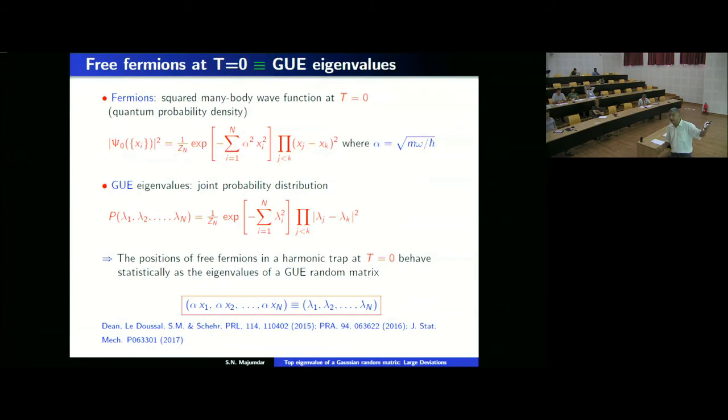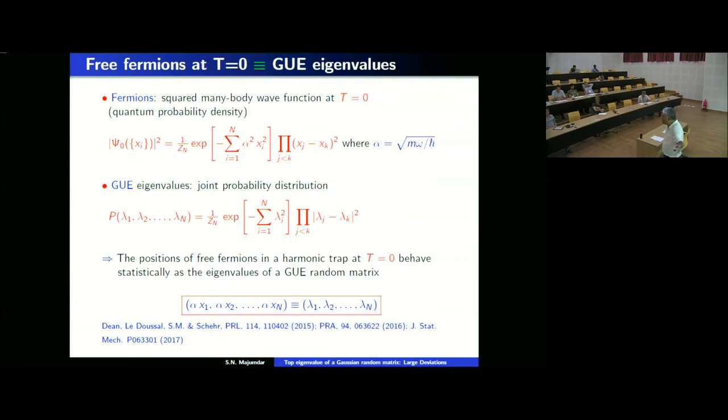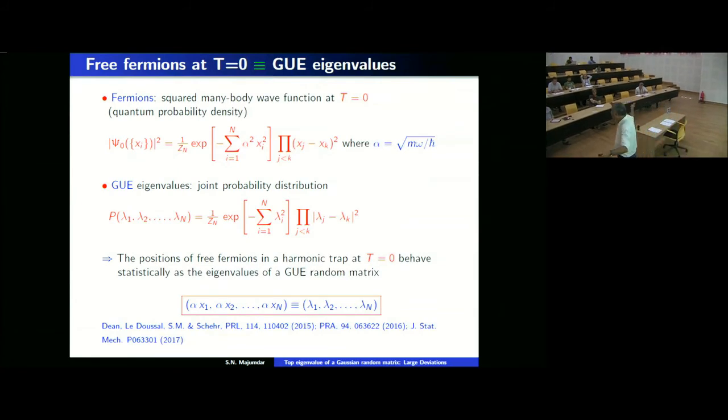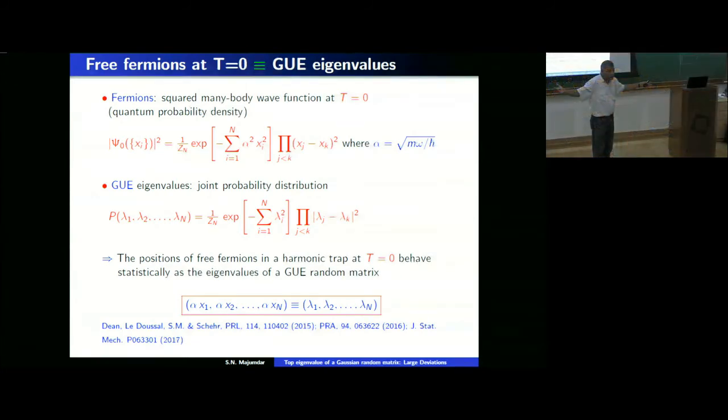So essentially they behave like independent particles, a factorized case again. As a result, if you look at X max, the position of the rightmost fermion, this will be a Gumbel distribution. So there will be a crossover from Tracy-Widom to Gumbel as we increase the temperature. We have a precise form of that, and this is what we are trying to tell the experimentalists to measure, if they can.